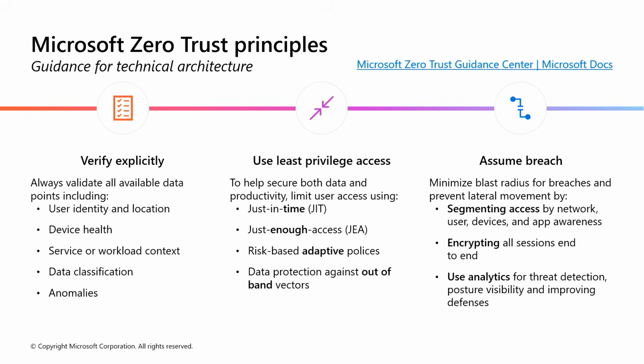We can significantly reduce the impact of any breach that does occur. This approach ensures that even if an attacker gains access, their ability to move laterally or access sensitive data is limited, and threats are identified and addressed swiftly.